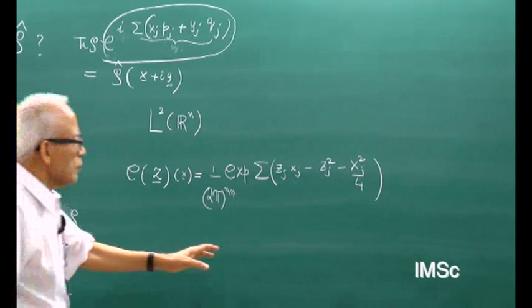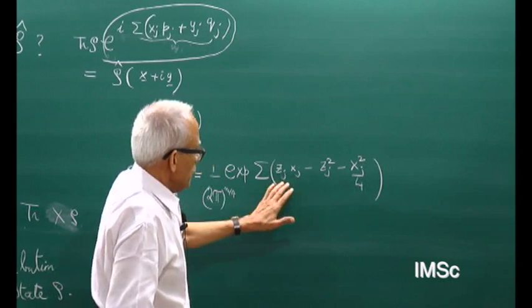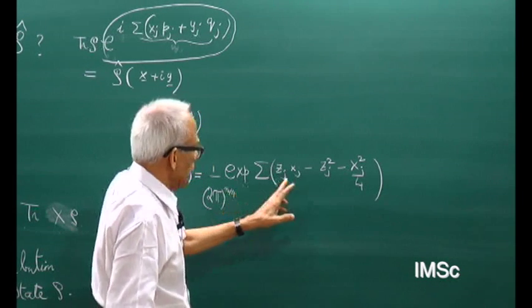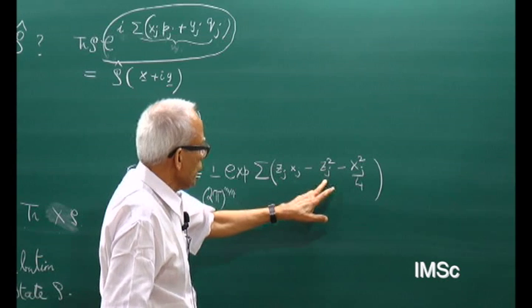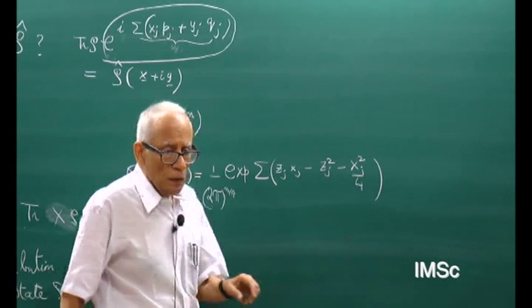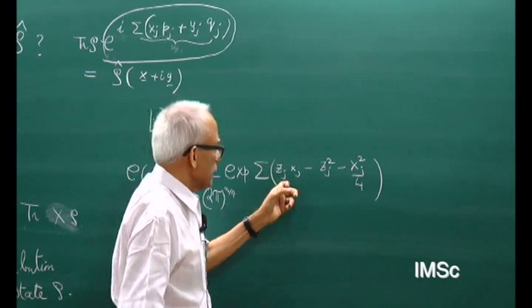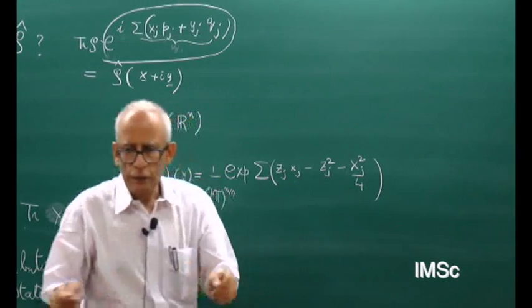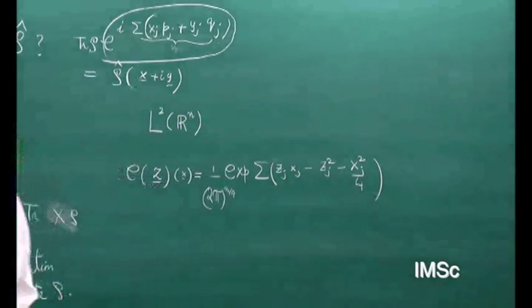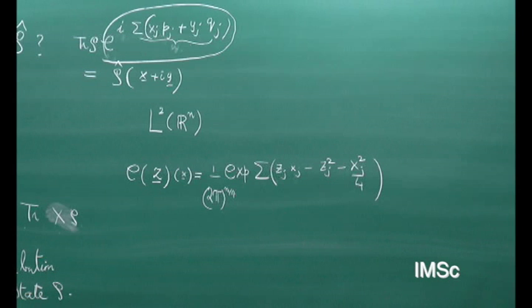So, that is what you get. If you forget the j, e to the power zx minus z squared over 2, if you consider that as a function in z and expand in power series, the coefficients of z to the power n are the Hermite polynomials. So, that is the generating function of the Hermite polynomials.